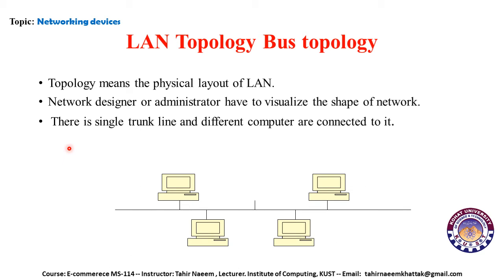There are three different types of topologies. First of all, we will discuss the bus topology. As the name suggests, the bus consists of a single trunk line, and different computers are connected to it, in the shape of a bus. Here it's a common shared cable, and different computers are connected to this shared cable.